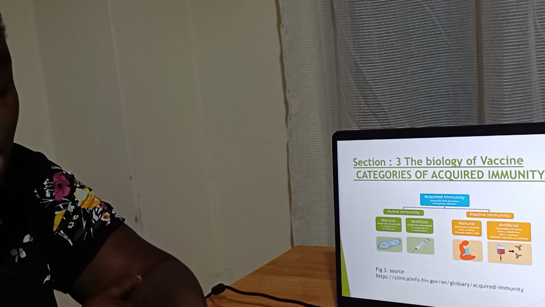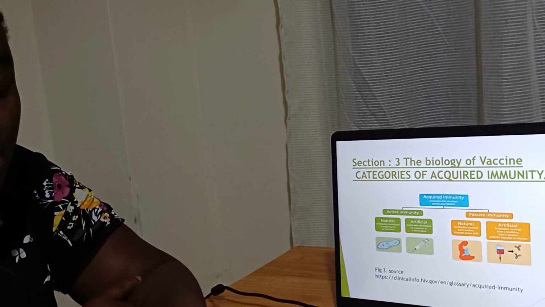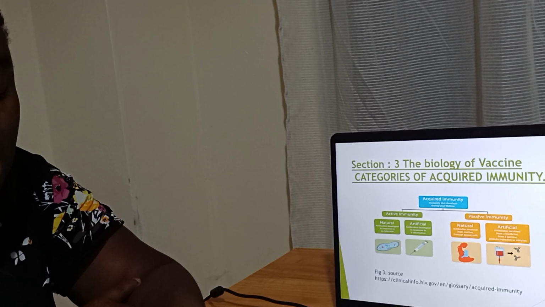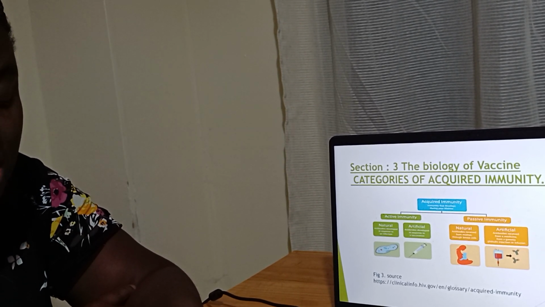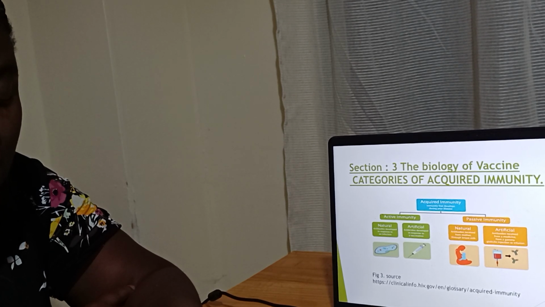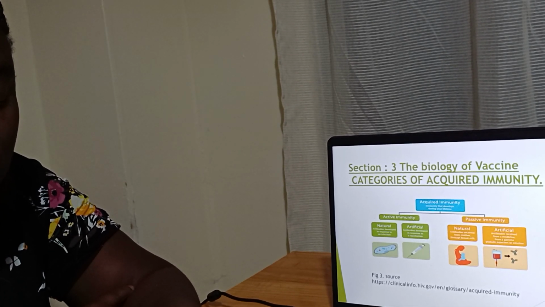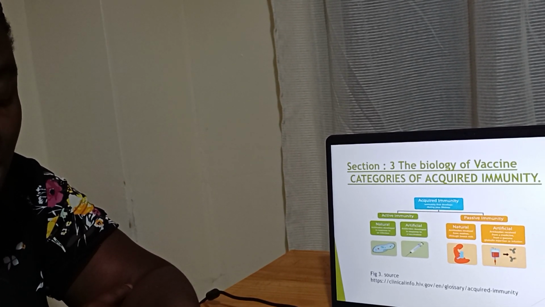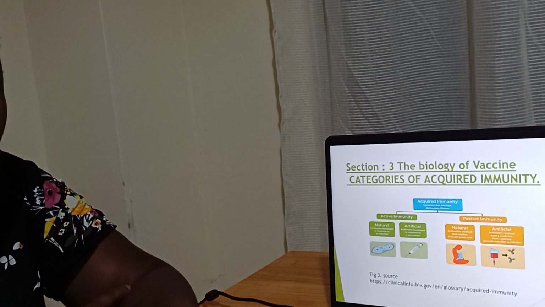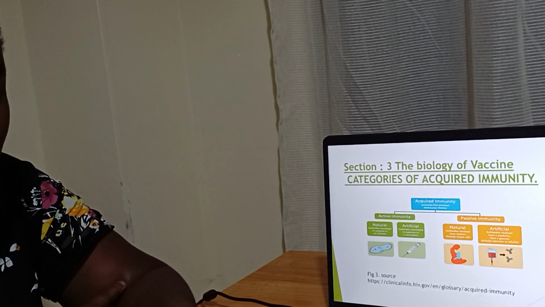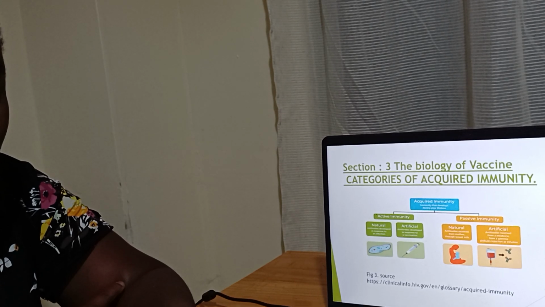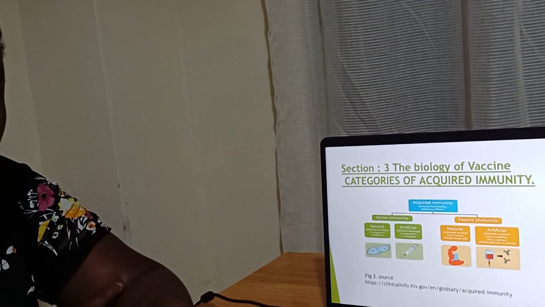And then we have immune response to vaccination, including immunological memory. So vaccines contain antigens, which are part of pathogens that stimulate the immune system without causing disease. When a vaccine is administered, these antigens are recognized as foreign by the immune system and mount a primary immune response.